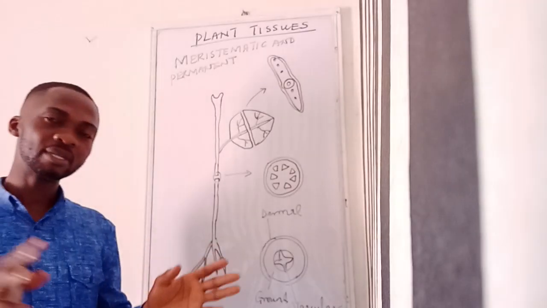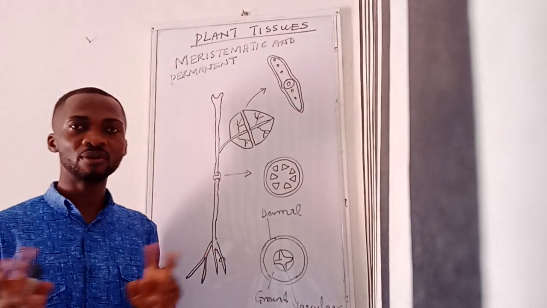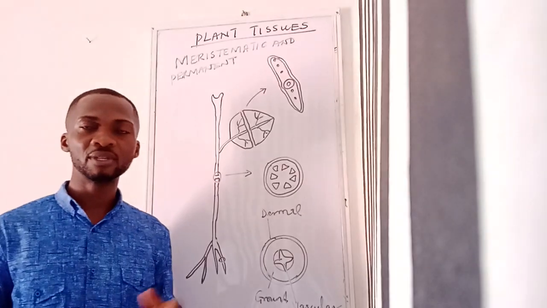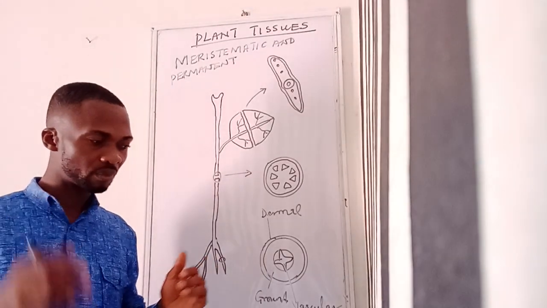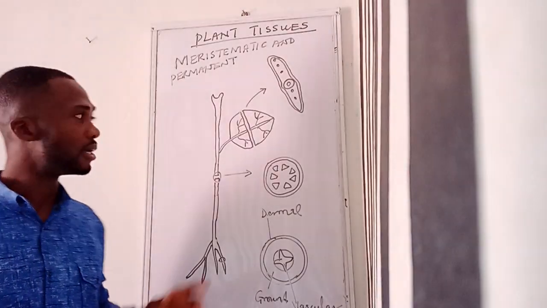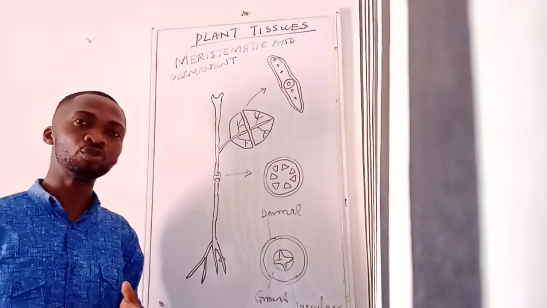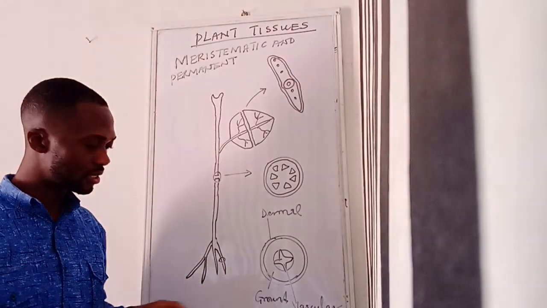And basically, we have two major types of the meristem. We have the apical meristem, and we have the lateral meristem. The apical means that these are meristems found at the tip of the shoot and at the tip of the root.